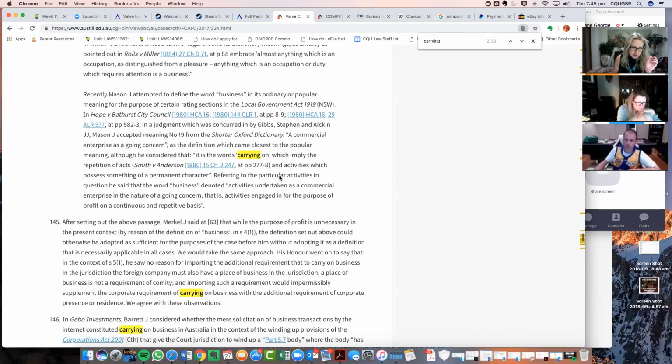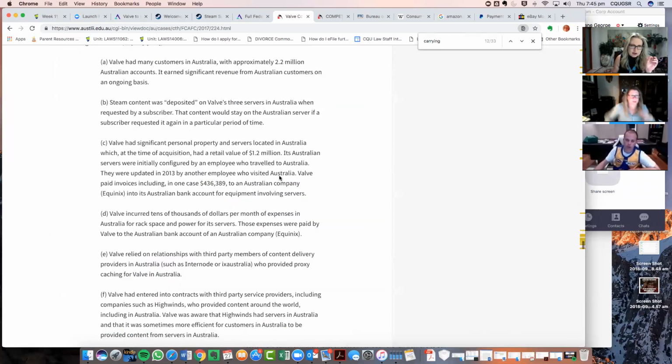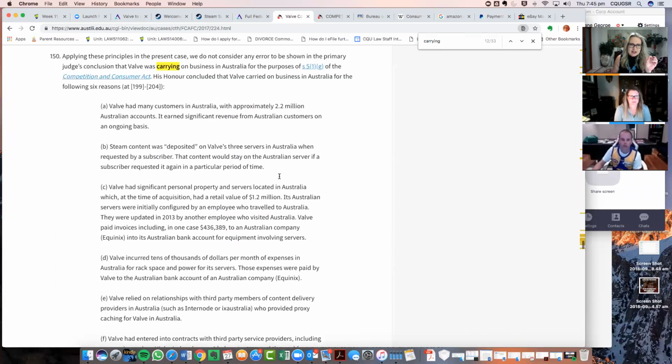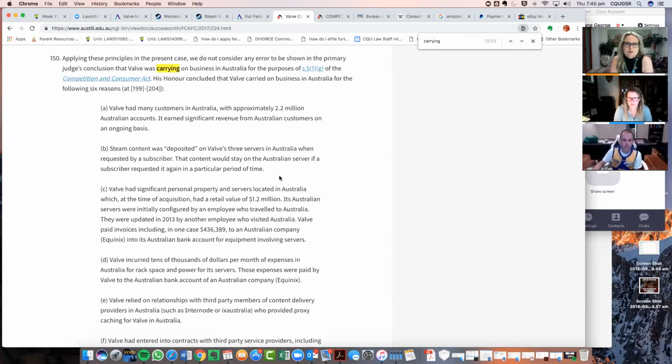I'm just going to try and work out here, see if I can find it for you. Essentially, because they were selling to Australian consumers, that is deemed as carrying on business in Australia, because obviously there's a transaction. That's what we're hoping for, but it's a little narrower than that as it stands. This was really the first big decision that I know of where this kind of stuff was discussed.